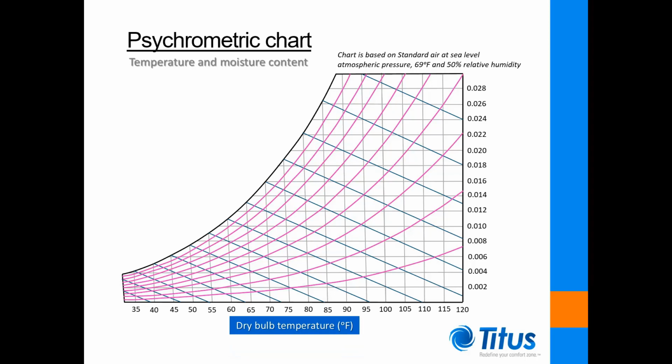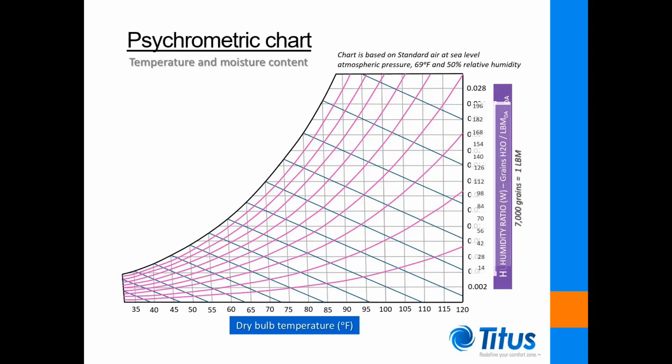The x-axis of the chart represents the mixture's dry bulb temperature, which is indexed by the vertical lines within the body of the chart. The y-axis of the chart represents the moisture content of a mixture, expressed as a mass ratio of its water vapor to its dry air. This is referred to as the absolute humidity or humidity ratio, designated by the letter W, and commonly shown in pounds of water per pound of dry air.